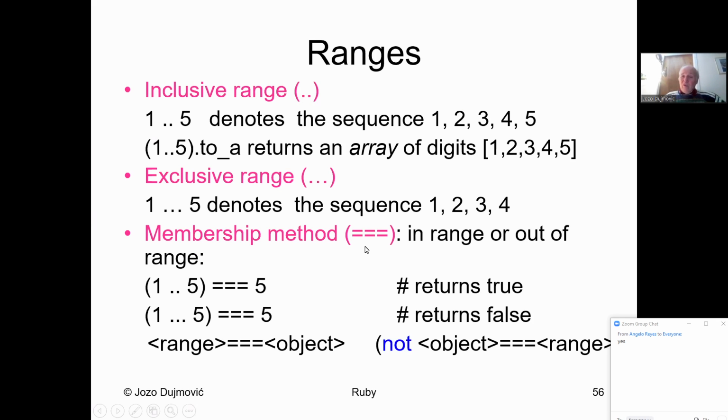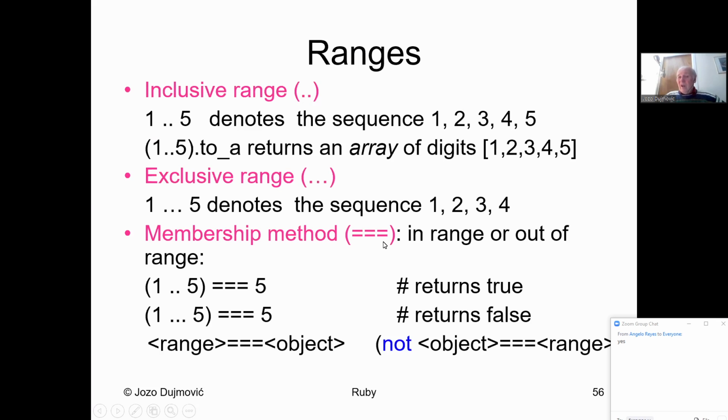Also, all languages that have sets need to have a membership method. Is an object inside a collection of objects? So do you have a set belonging or not? How to do that? Well, set belonging that is written mathematically as this epsilon is not available on all keyboards, and therefore you have to use some other symbol.